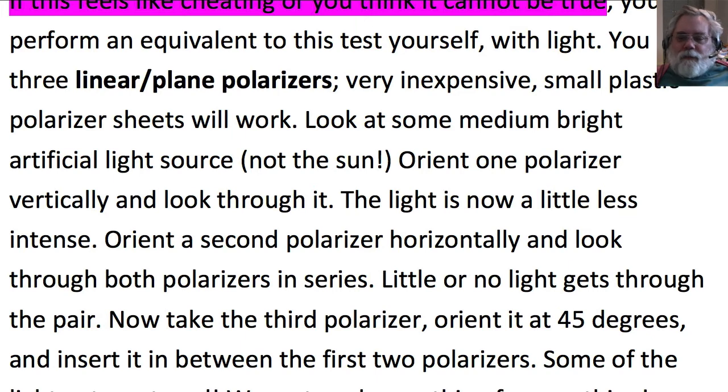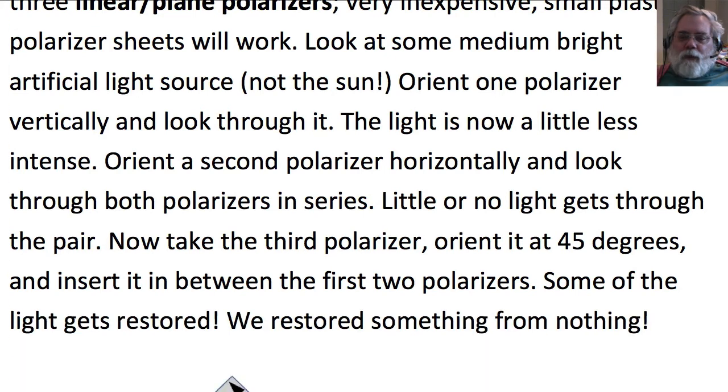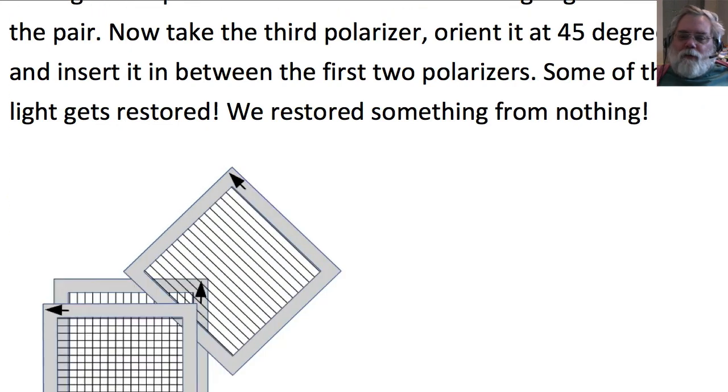And so some light gets through, but it should be dark. Now, take the third polarizer, orient it at 45 degrees, insert it in between the first two polarizers. Some of the light gets restored. We restored something from nothing.